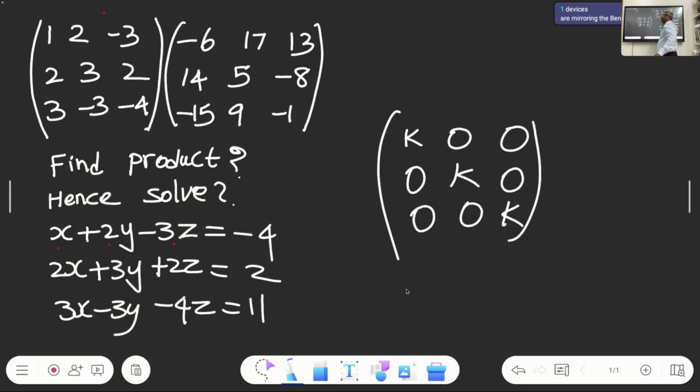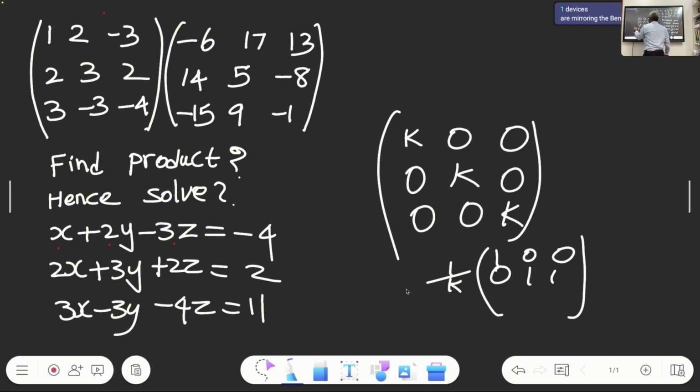Then this k we can take out, and 1 over k times 1 0 0 0 1 0 0 0 1 will come. You understand the point? So we have to multiply the two matrices.